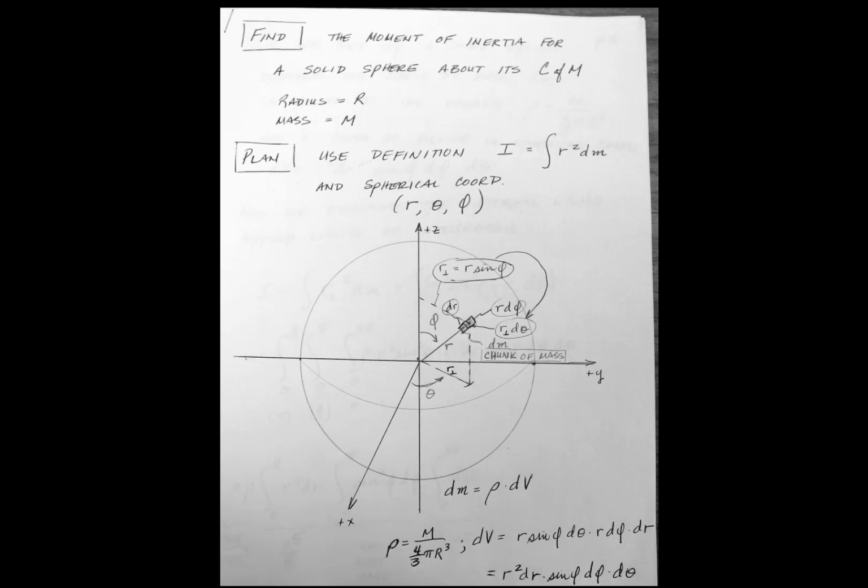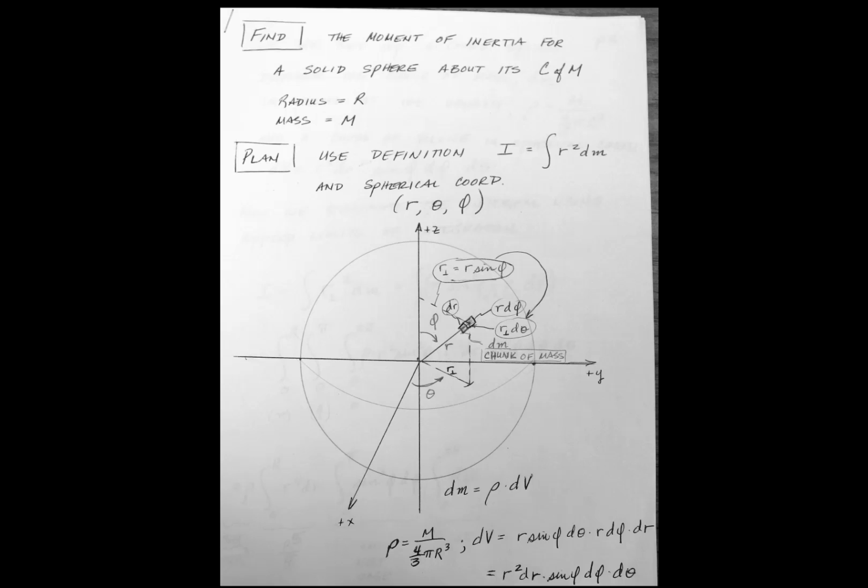Now, if we're sweeping out a little arc by changing phi, that distance, sort of by a definition of arc length, is r d phi. Now when you put all that together, multiply each of those 3 sides together to get a small volume, and rearrange things, you'll see that the element of volume is r squared dr sine of phi d phi times d theta.